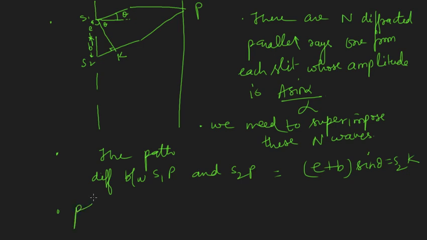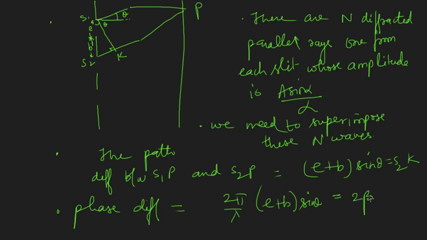The phase difference would be 2 pi by lambda E plus B sine theta. Let me call this 2 beta.